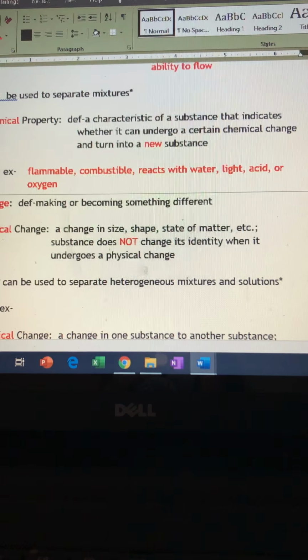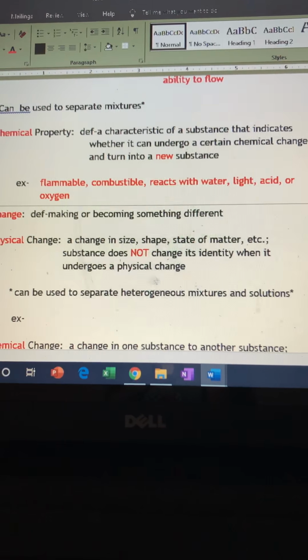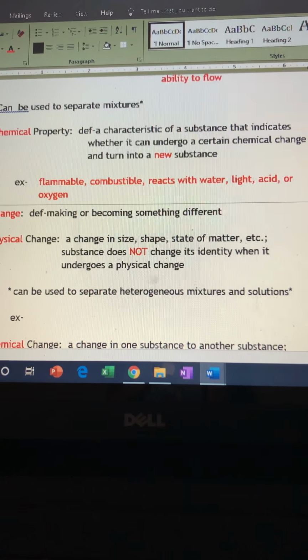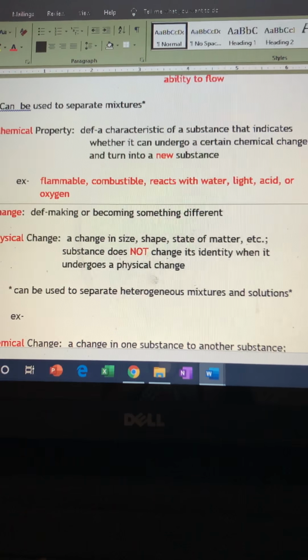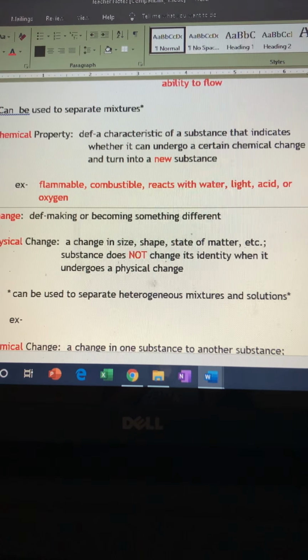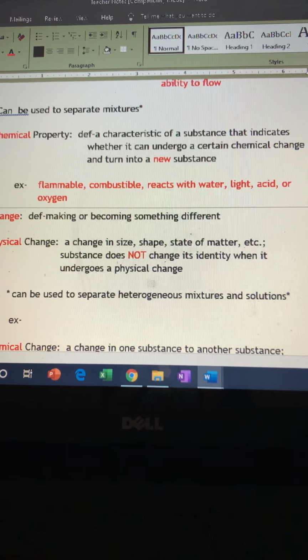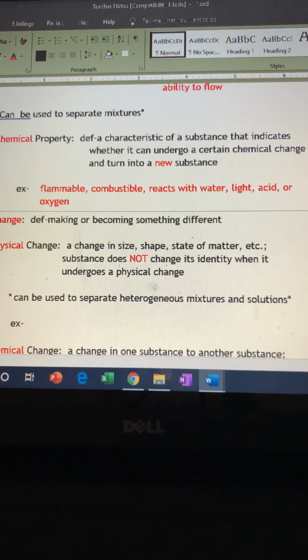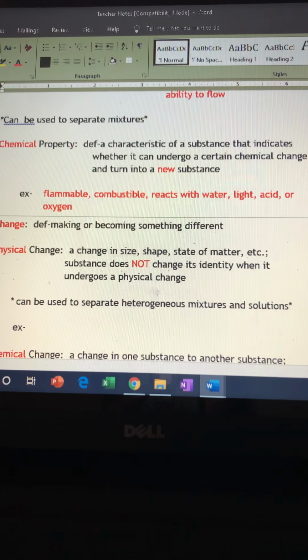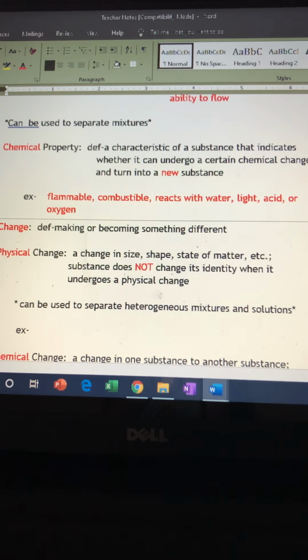If you put hydrogen peroxide out and it is in the light, it will decompose and you will no longer have hydrogen peroxide. Okay, so the property is not that it actually does undergo that chemical change, but that it could if the situation allowed for it.